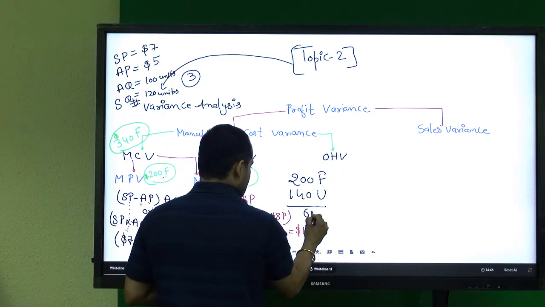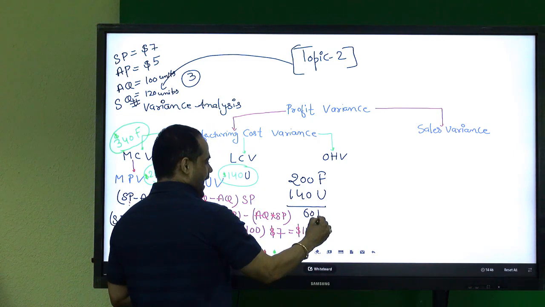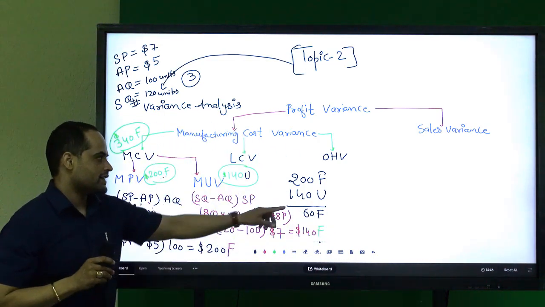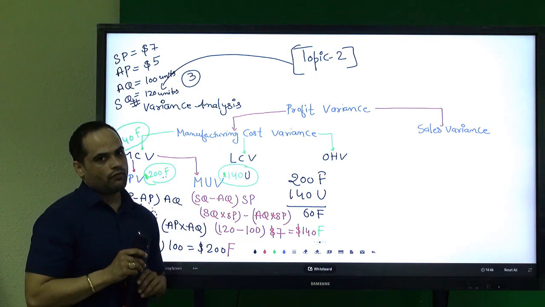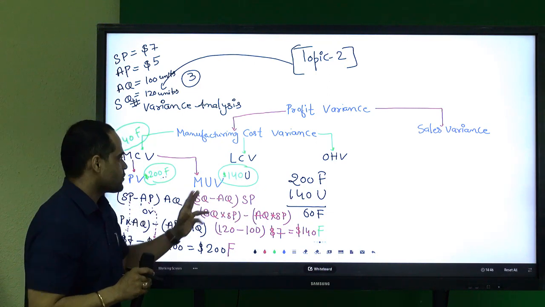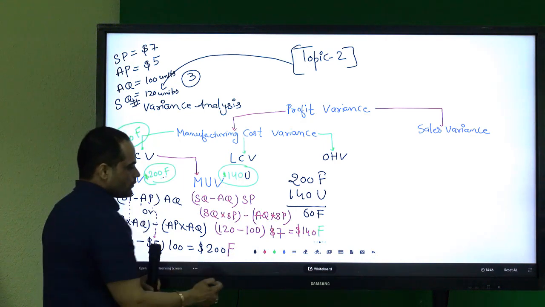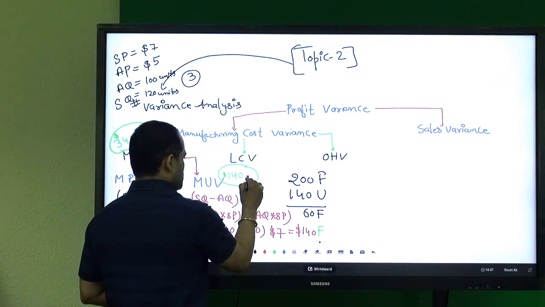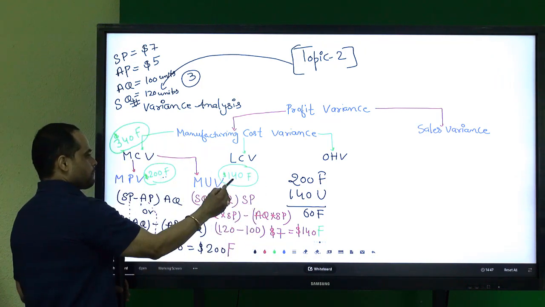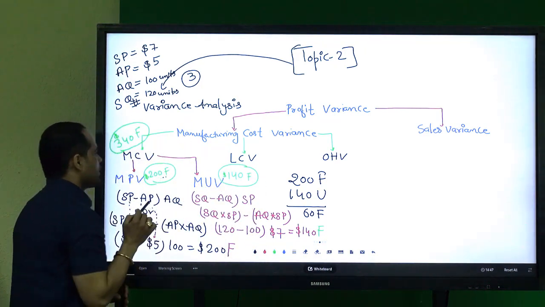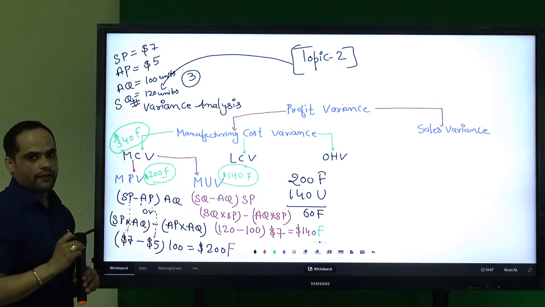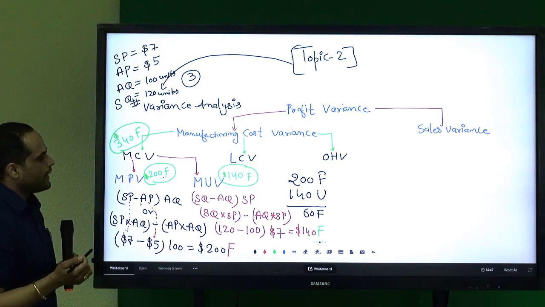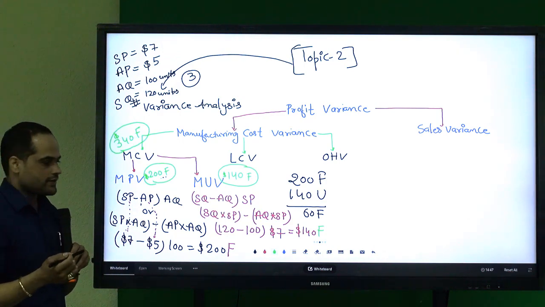So it's 60 F. That would be your answer if this were 140 U. But that's not the case. That's why 200 plus 140 is 340 F. So that is the material cost variance.